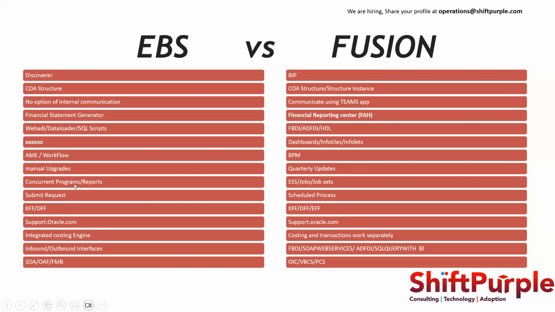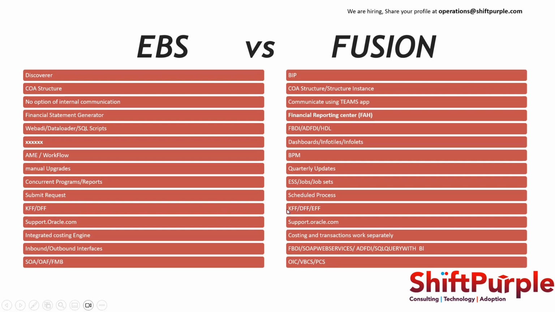We had the concept of concurrent programs and reports that we used to execute. The same thing we call an ESS job here, and we have job sets as well. We used to submit the request, and here we say schedule the process. We used to have KFF and DFF in EBS. We have KFF and DFF, but we have one more concept of extensible flexfield. Key flexfield and descriptive flexfield were there in EBS.